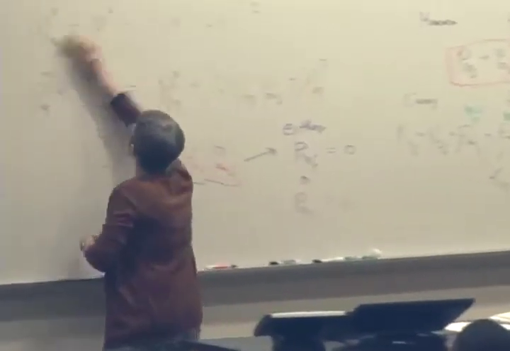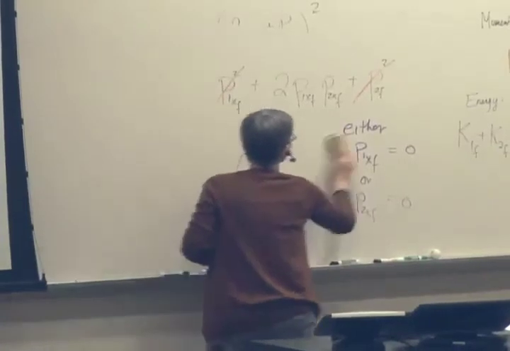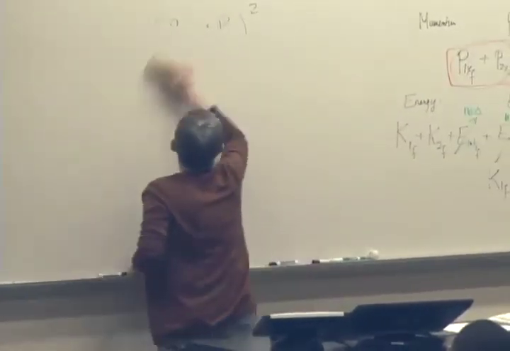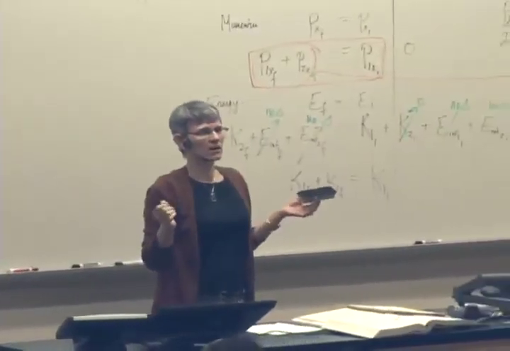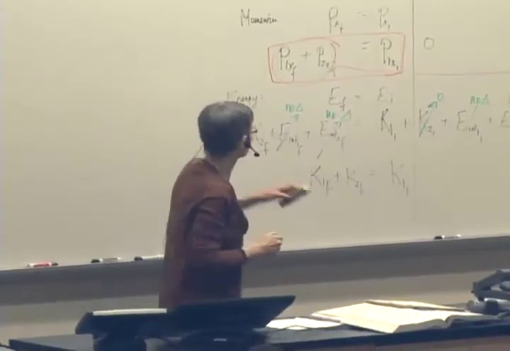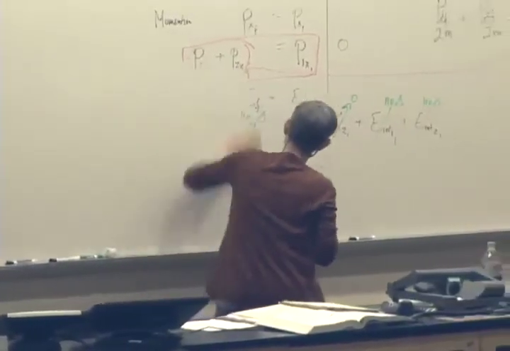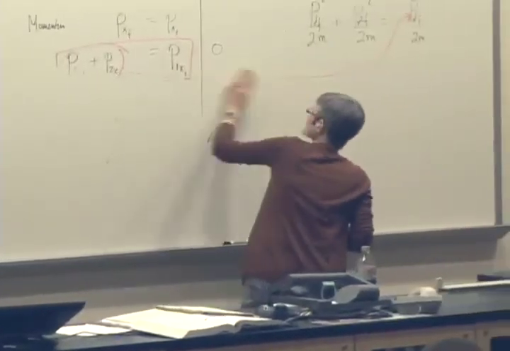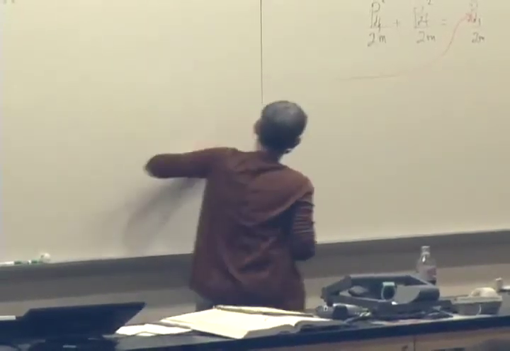Let's think about a different situation where the collision is inelastic, meaning kinetic energy gets converted into internal energy. And we'll make it as inelastic as we possibly can by having the carts stick together. So certainly some energy is required to make things stick together.